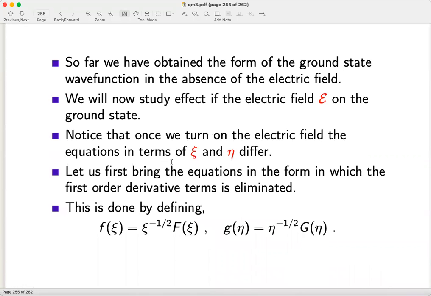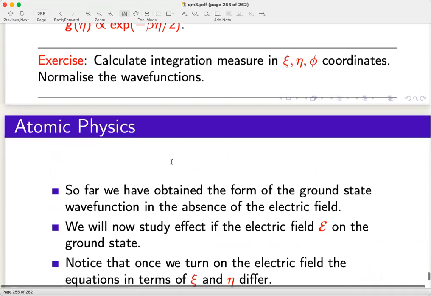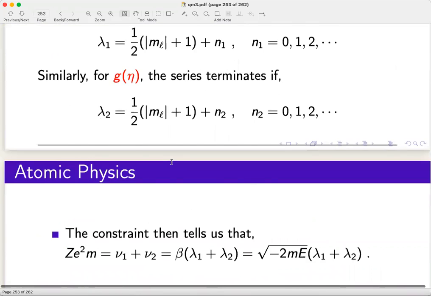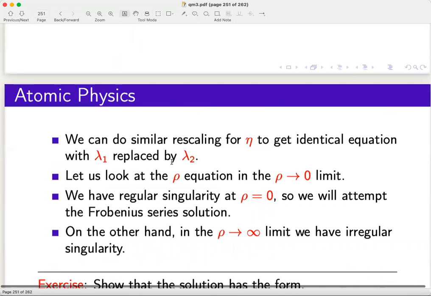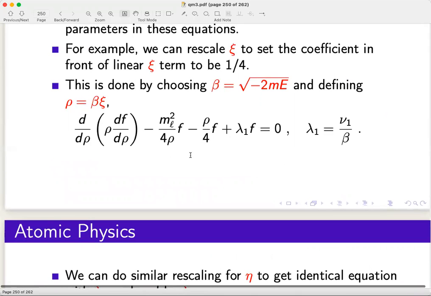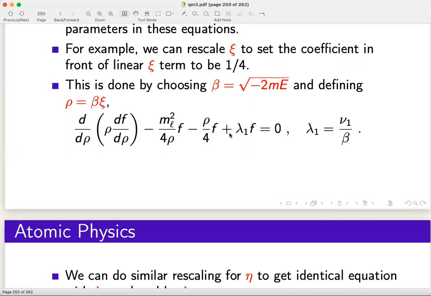What we'll do is that we'll first bring the equation. So this is the equation. Let me just show it to you again. So this is a form of the equation. If you try to expand this stuff, of course there's an additional piece also now because the electric field is non-zero, but that is not what I'm concentrating on right now.